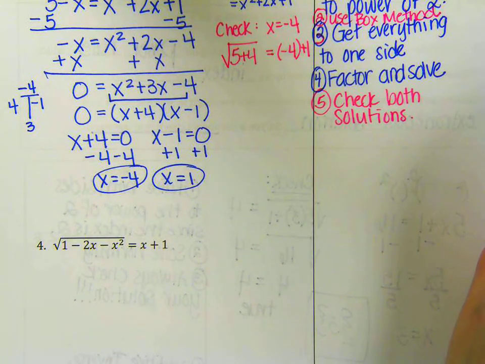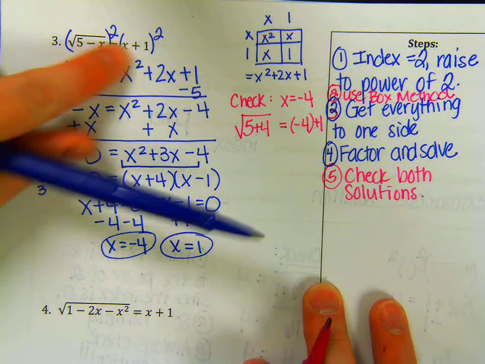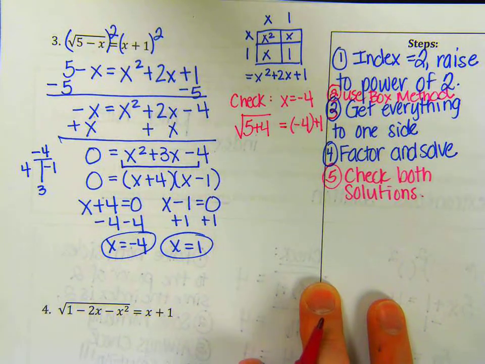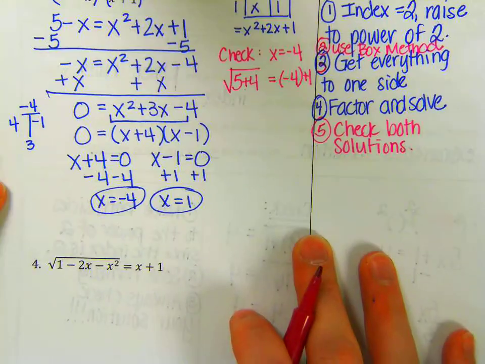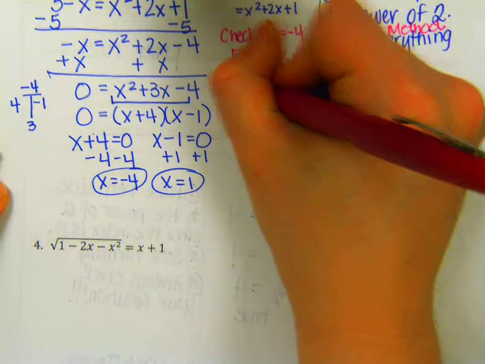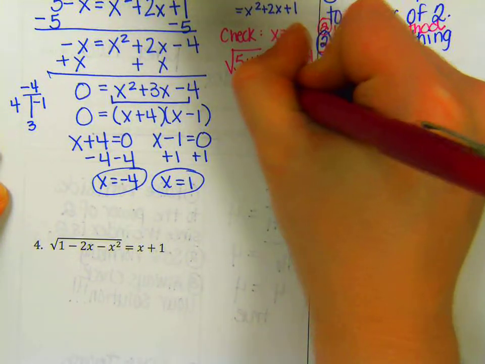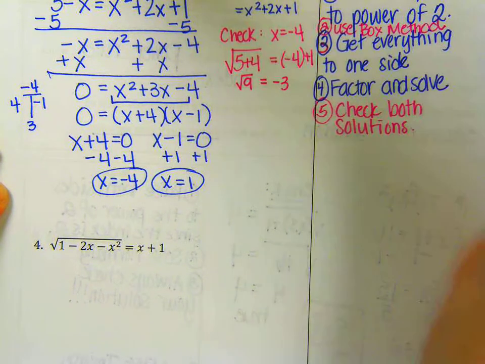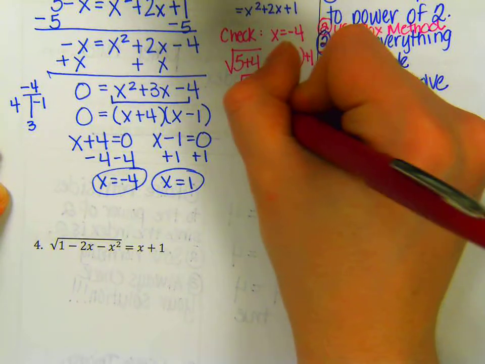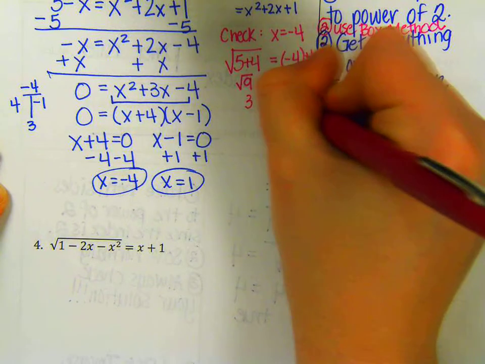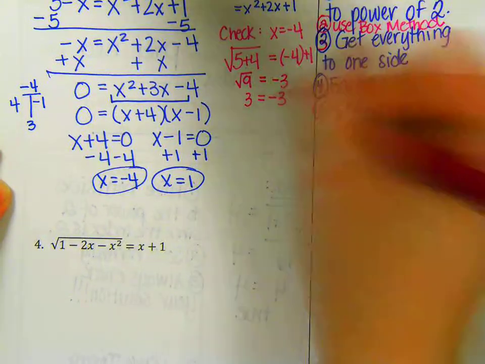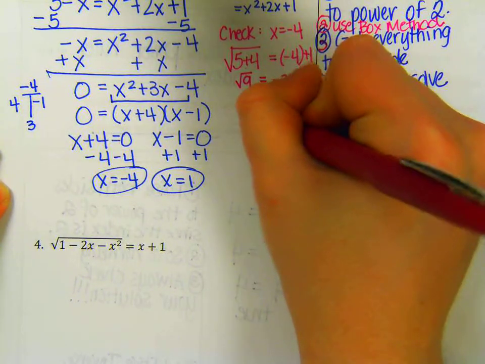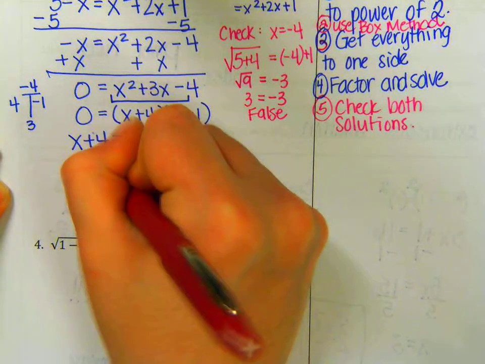Remember, I'm putting it back into the original, before I have the blue stuff there, just the black writing. So I have the square root of 9 equals negative 4 plus 1, that's negative 3. Square root of 9 is 3. Does that equal negative 3? No, so that's false, which means I have to cross off my negative 4.